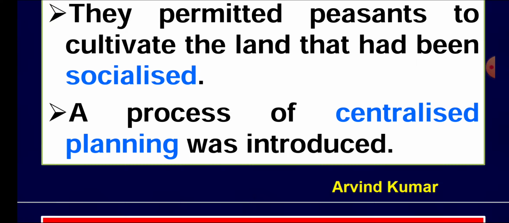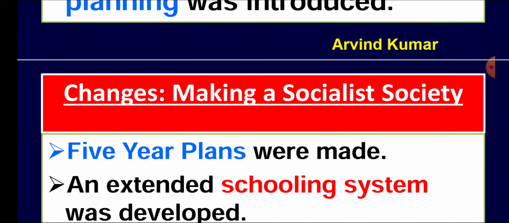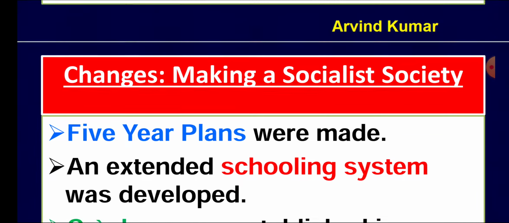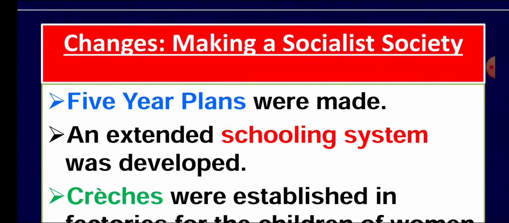A centralized planning system was introduced. As you all know, in our country also we have 5-year plans. In the same way in Russian society too, 5-year plans were adopted by the Russian government. The purpose of these 5-year plans was to make Russia a strong and powerful nation, because till 1917 it was considered a poor nation, which was defeated by Japan.